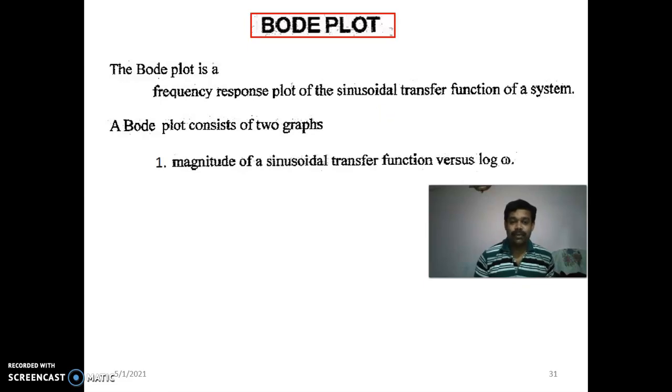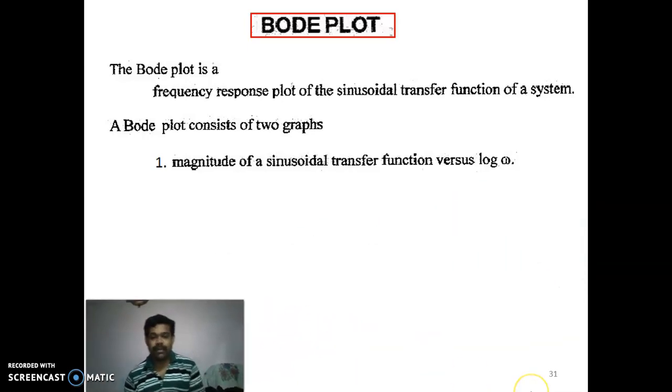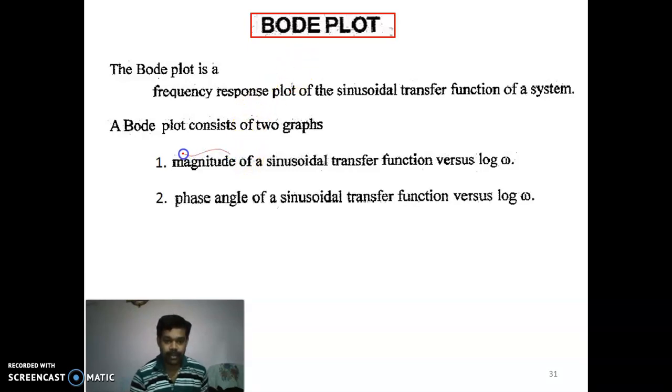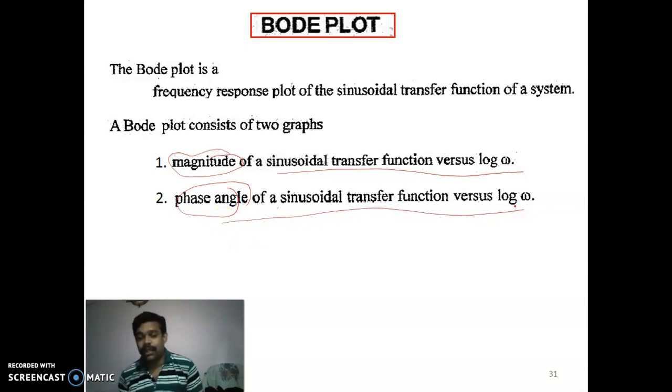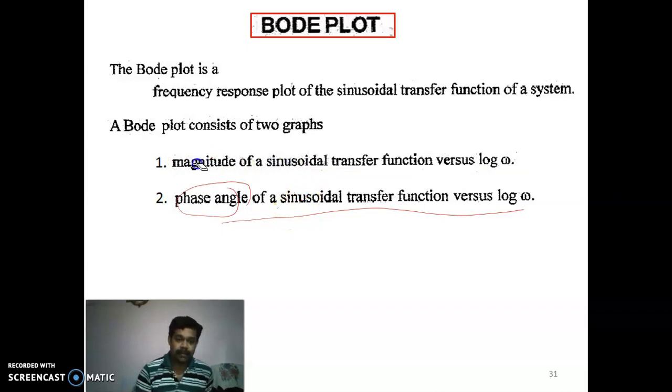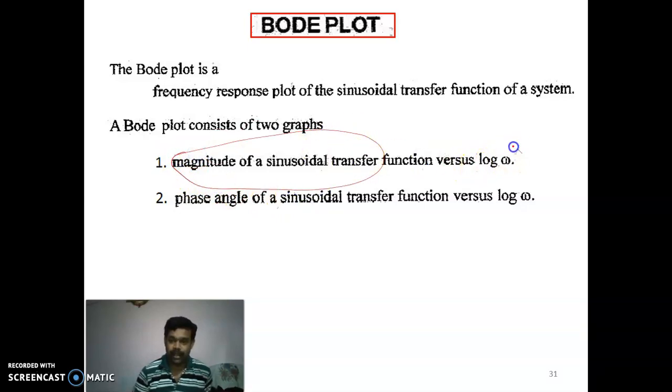Actually, the Bode plot consists of two graphs. How many graphs will the Bode plot have? It has two graphs: one is the magnitude plot and the other is the phase plot. The magnitude plot is a plot of the magnitude of the sinusoidal transfer function versus log omega.